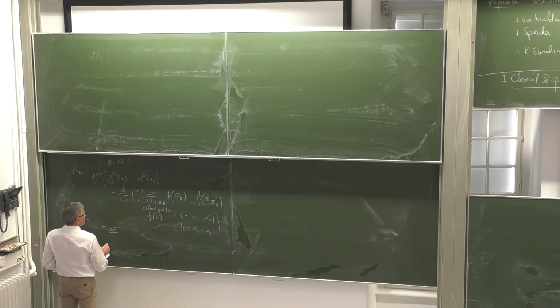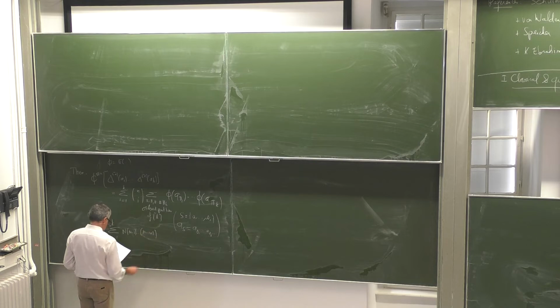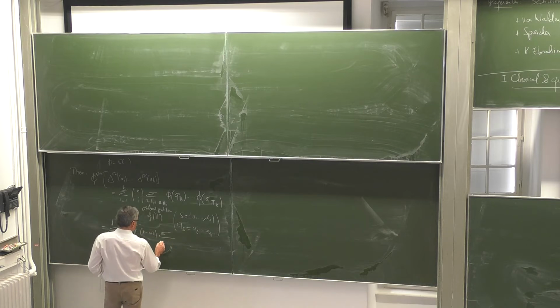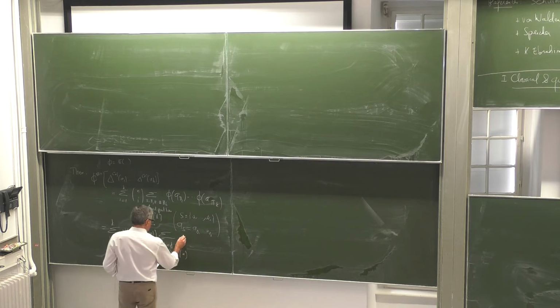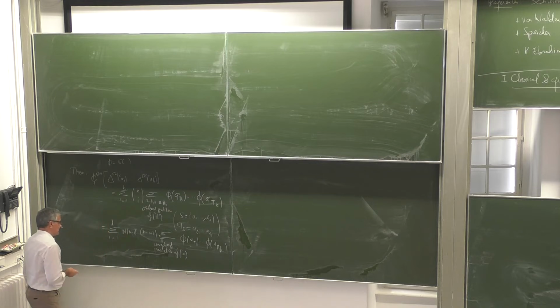And so I can rewrite this term as the sum of the products n, n minus 1, up to n minus i plus 1, times the sum over all unordered partitions. So I'm left with this term.